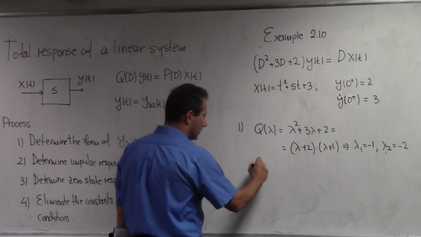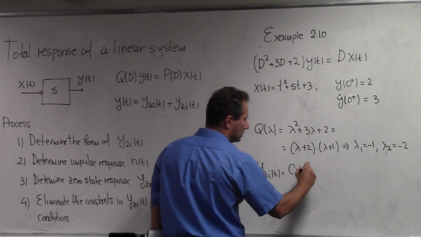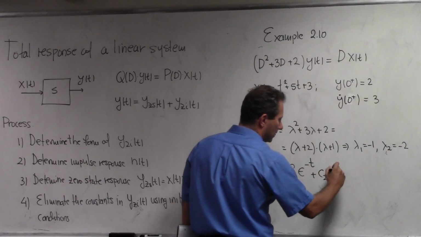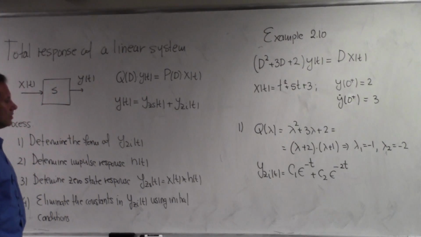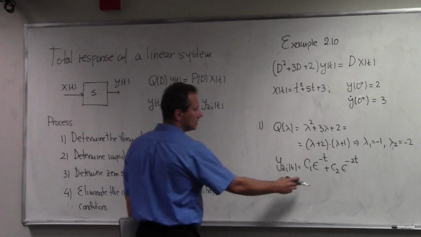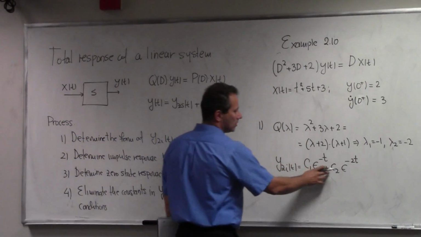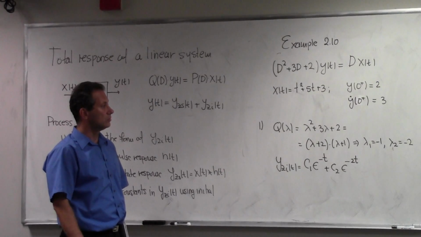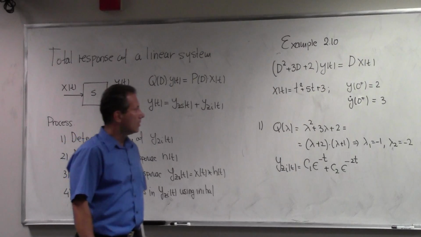We get the form of our zero input response as some constant C1 e to the minus t, plus C2 e to the minus 2t. That's our zero input response of the system. It has 2 undetermined constants, C1 and C2, that we'll have to find in the last step. It consists of 2 characteristic modes, where each mode corresponds to a characteristic value. In this case there are 2 real distinct values, therefore we have 2 exponentials. So that's the first step.